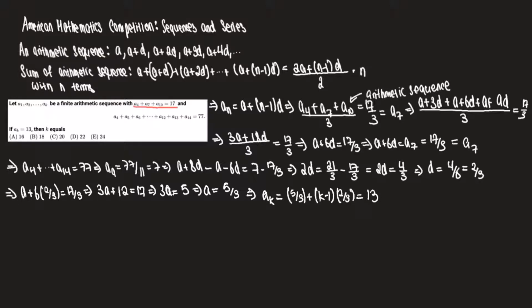So we're trying to figure out what K equals, right? And then we can continue. We can multiply everything by 3, and that would be 39. So 5 plus K minus 1 times 2 equals 39.